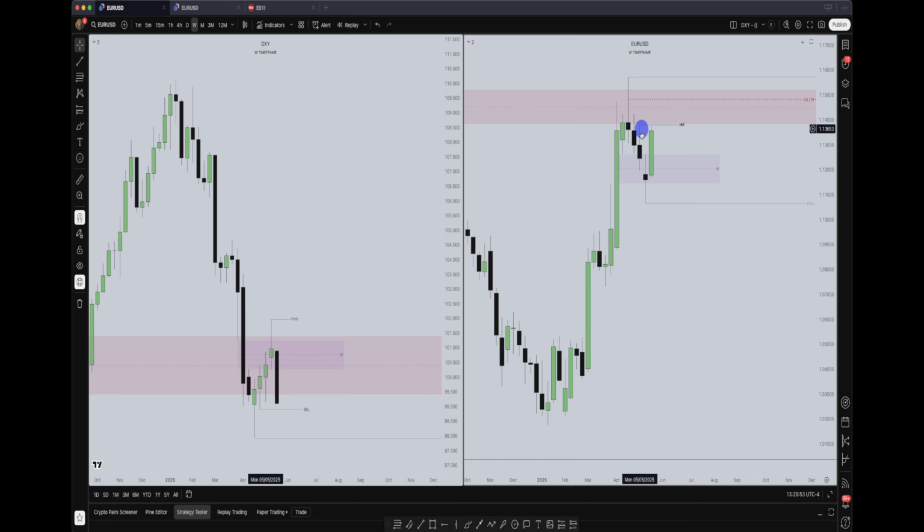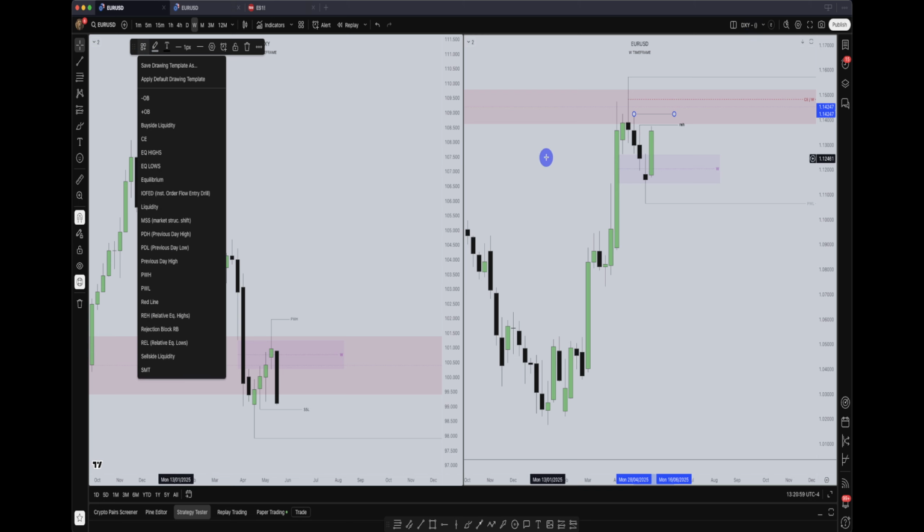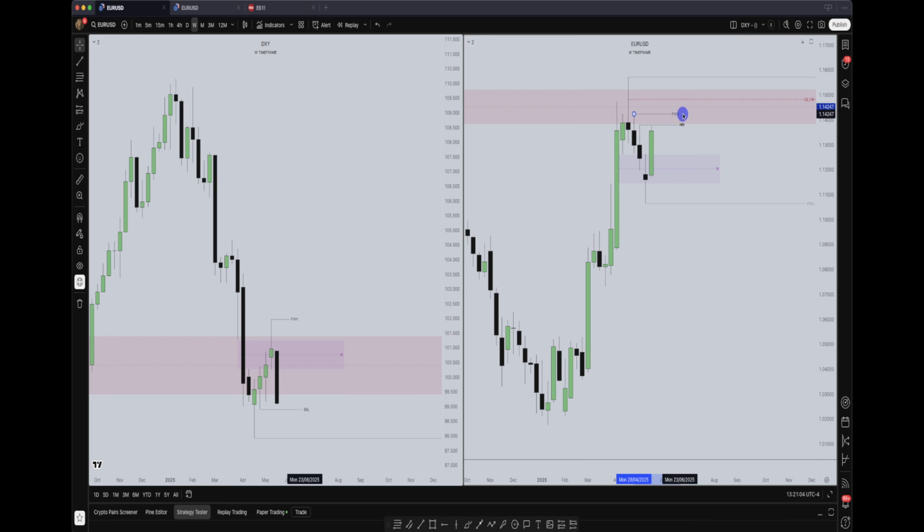I mark this. Also, I'm interested in this high, this previous week high. Levels to have marked in your chart, and this midpoint of this week. This is a long week that acts like an imbalance, so it's important to mark these levels.